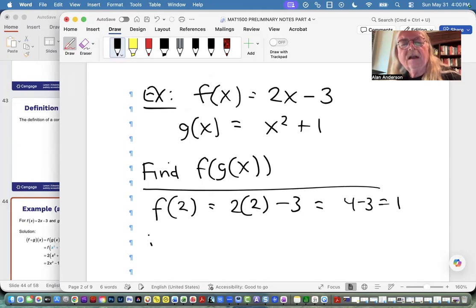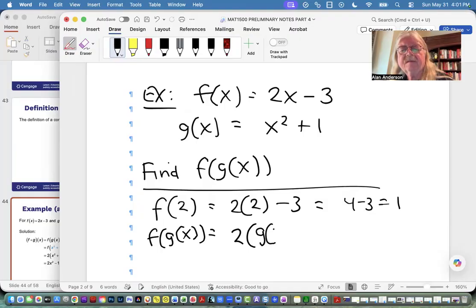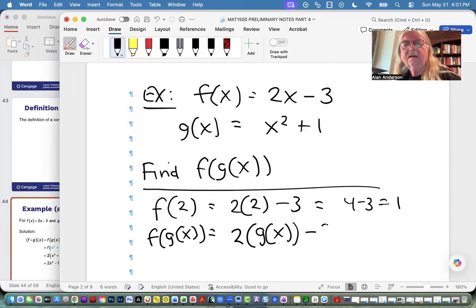And so f of g of x is interpreted in a similar way. Each x in f of x is being replaced with g of x. That's really all you're doing. You're saying, here's f of x, and every x is now being replaced with g of x.